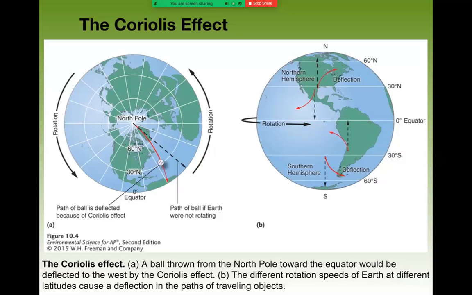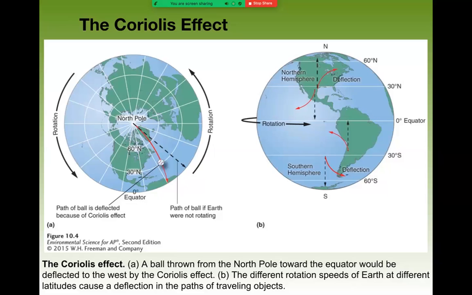If you aim for Verona, Wisconsin, in the amount of time it takes for that ball to leave your hand and travel all the way to Verona, Wisconsin, the Earth has moved below that ball. And so instead of the ball landing where you aimed it in Verona, it's going to land somewhere slightly to the west.